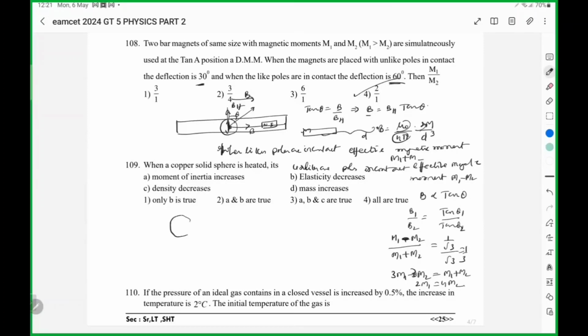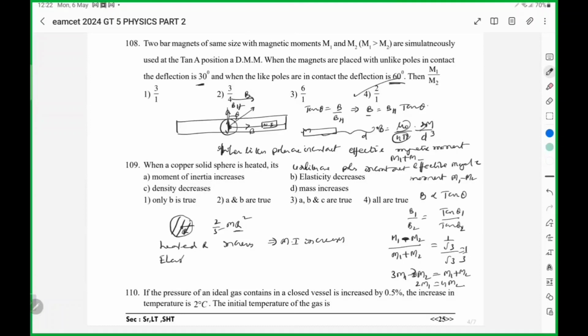Solid sphere is heated. Solid sphere moment of inertia is 2 by 5 mr square. R is radius. When it is heated, R increases, which implies moment of inertia increases.